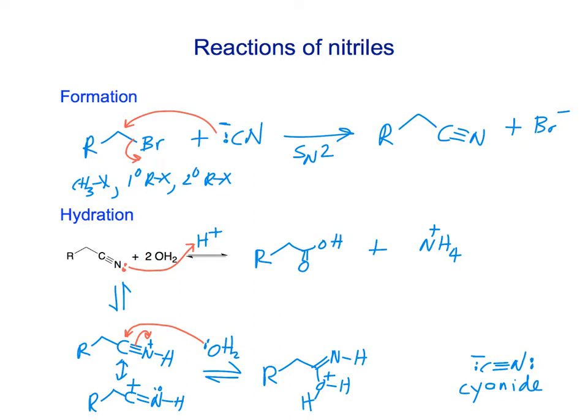Usually in all of these steps, we get an intermediate that has a charge, so we need to make the neutral intermediate. We're just going to use another water to remove this proton, and we get to this intermediate right here.